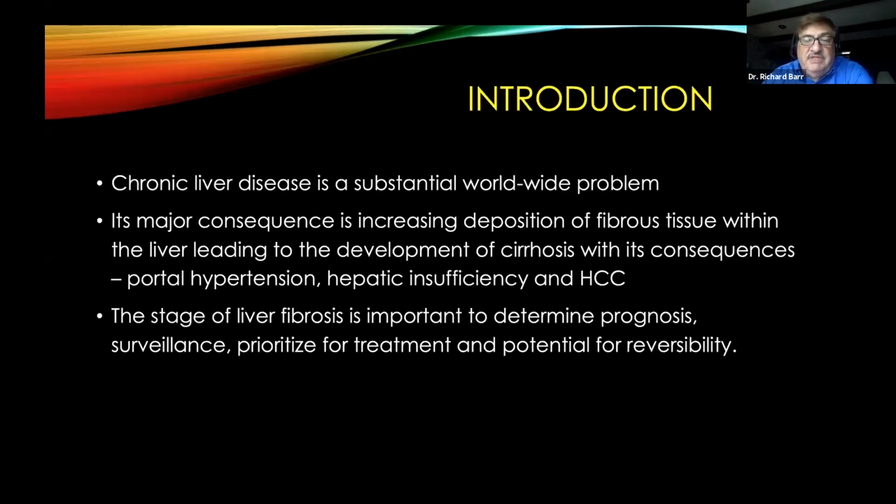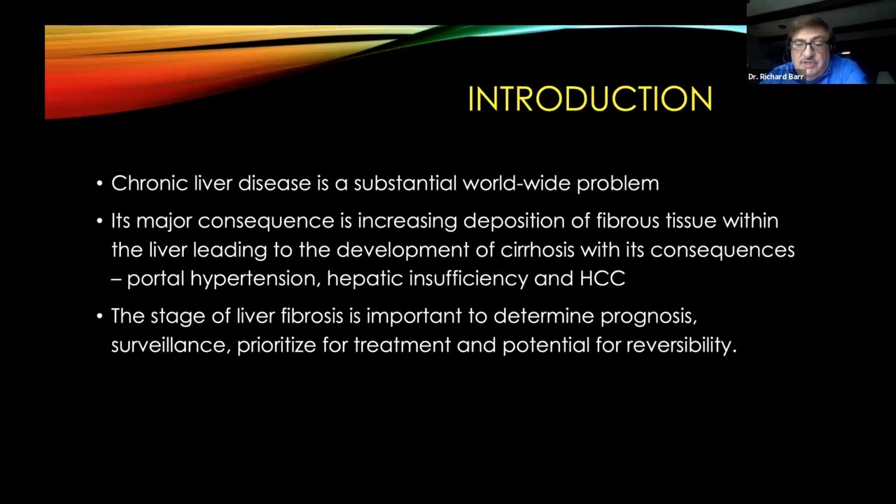So chronic liver disease is a substantial worldwide problem. Its major consequence is increasing deposition of fibrous tissue, leading to the development of cirrhosis, and its complications of portal hypertension, hepatic insufficiency, and hepatocellular carcinoma. The stage of liver fibrosis is important to determine prognosis, surveillance, and prioritization for treatment.